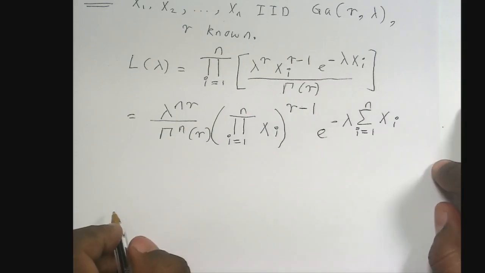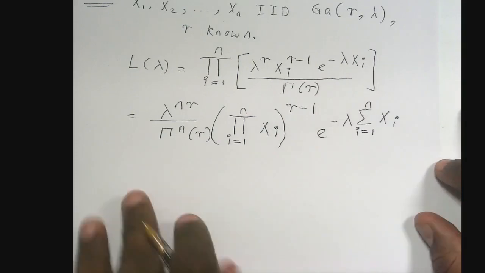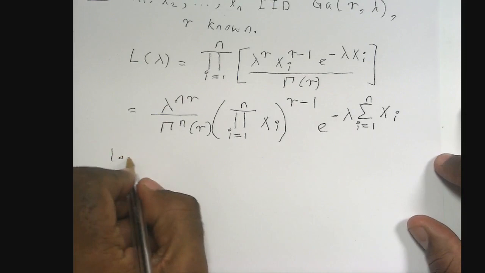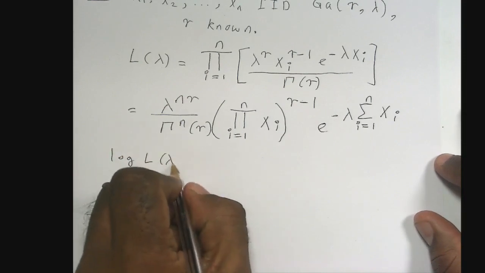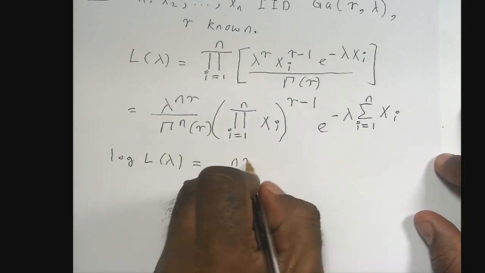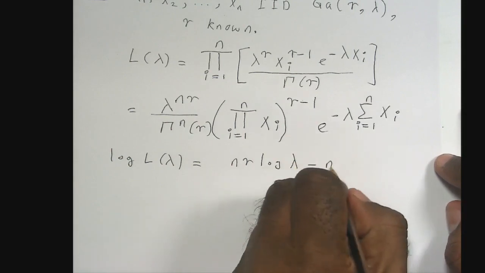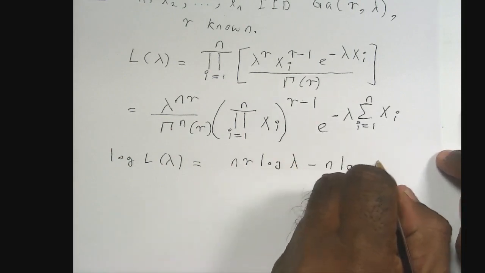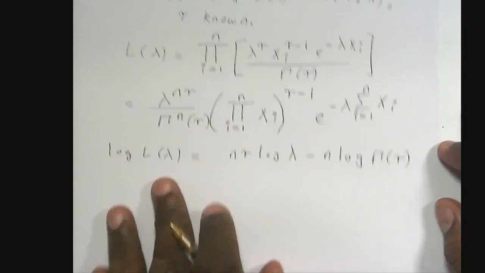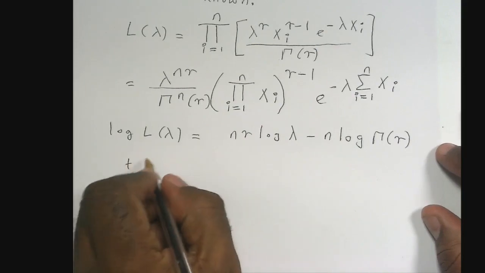You should take the product of the density functions. Next step is, I'm sure you've done this hundreds of times, taking the log likelihood. This is what you will get.